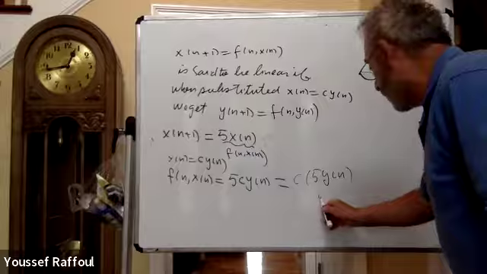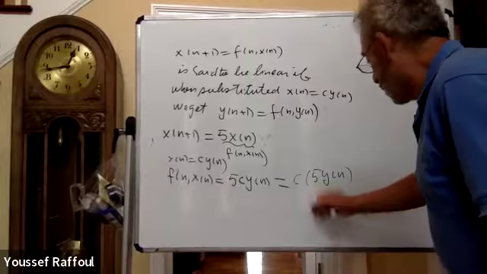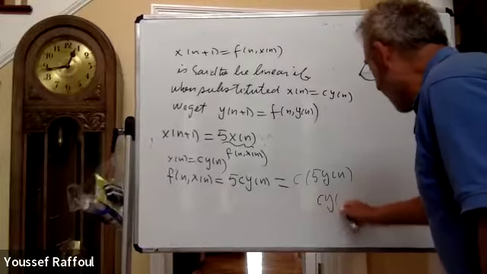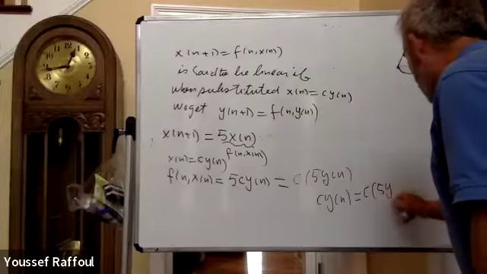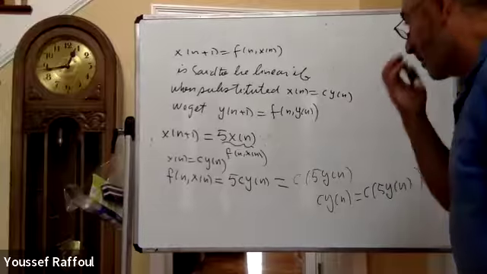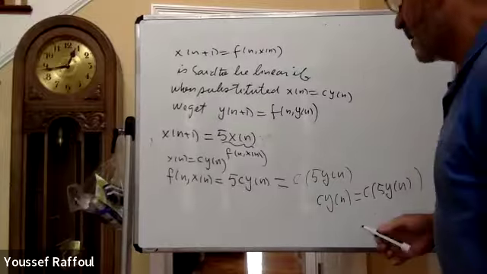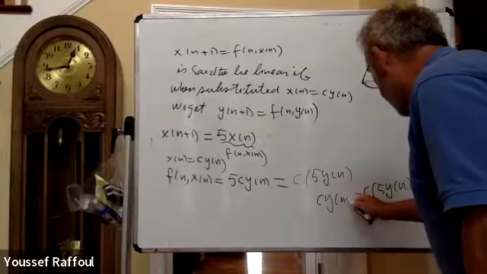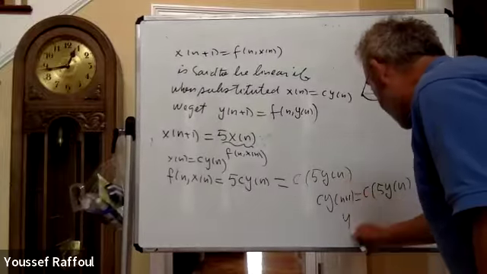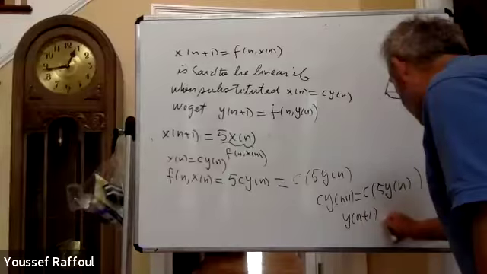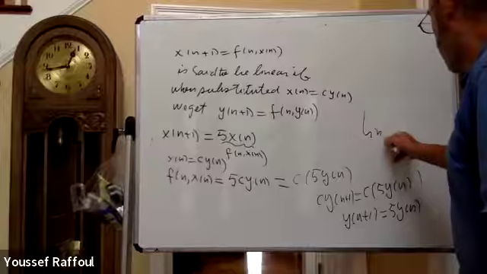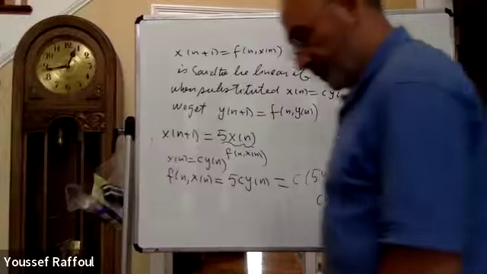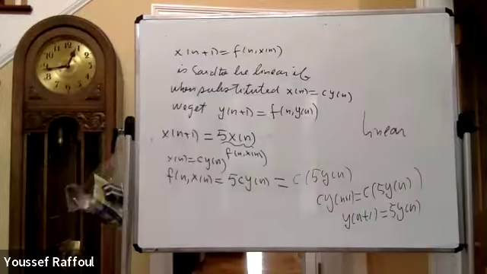So we have c y_{n+1} equals c times 5y_n. So we have y_{n+1} equal 5y_n. So it is linear. Okay?